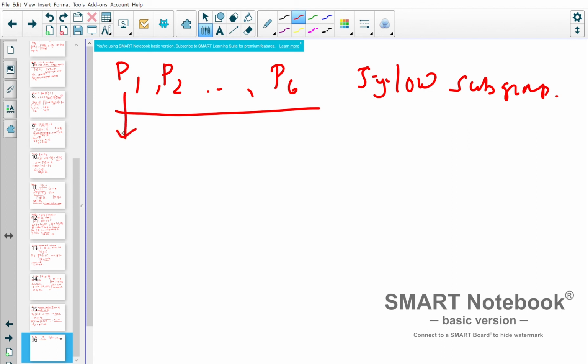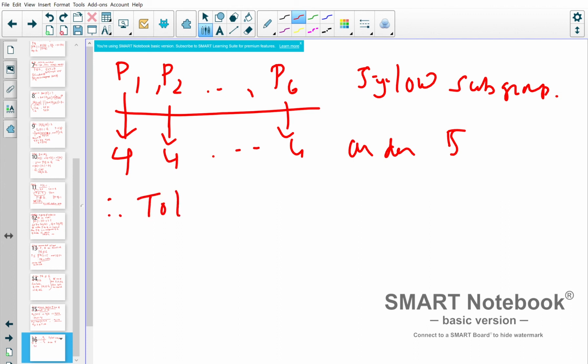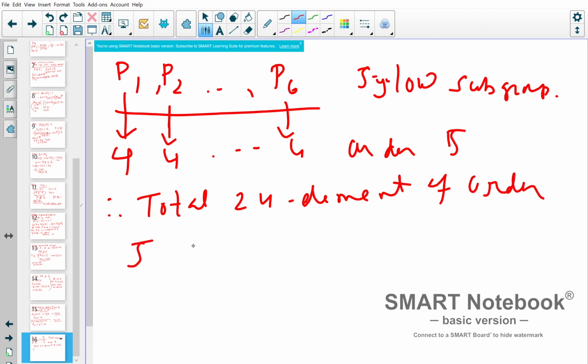These are all cyclic groups of order 5, and except the identity, all elements have order 5. So there are 4 elements of order 5 in P1, 4 in P2, and so on. Thus altogether there are 24 elements of order 5 in G, right?